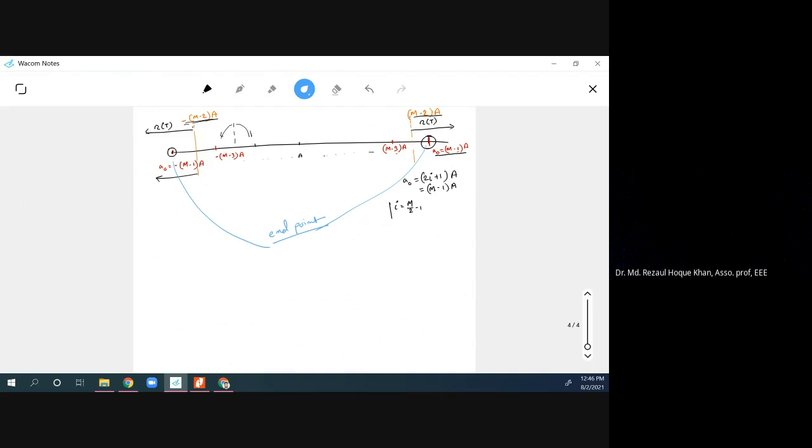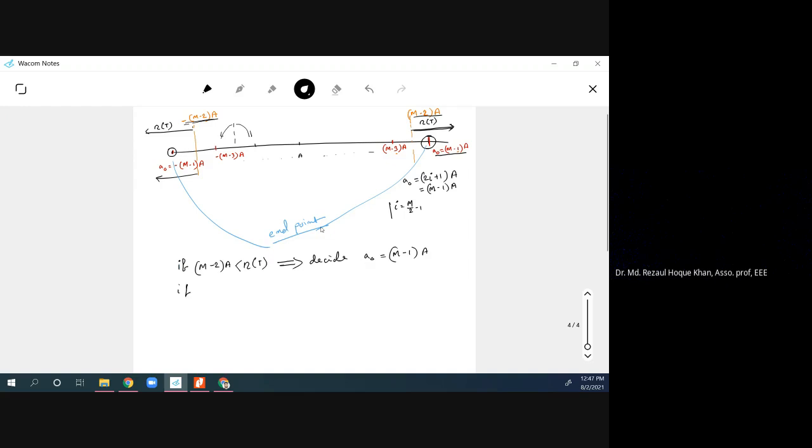Okay. So what was our decision? If RT is greater than m minus 2a, this side a0 equal to m minus 1a, this is the end point.